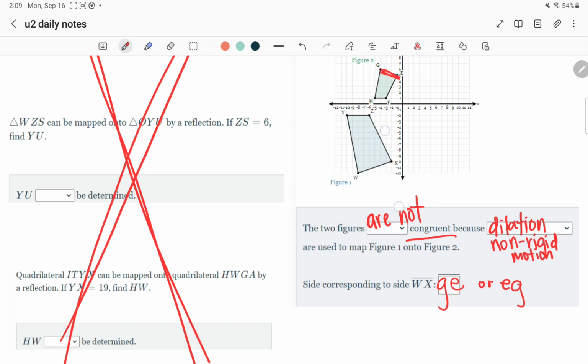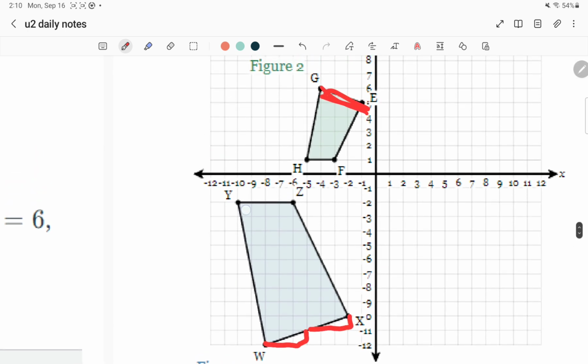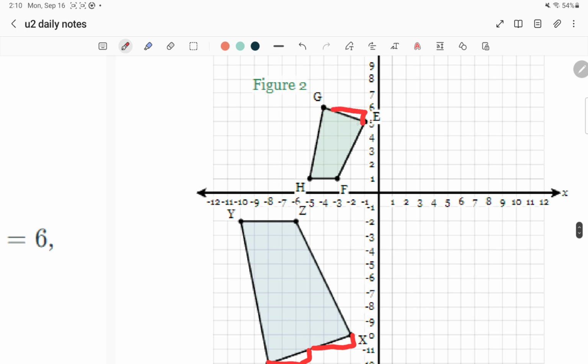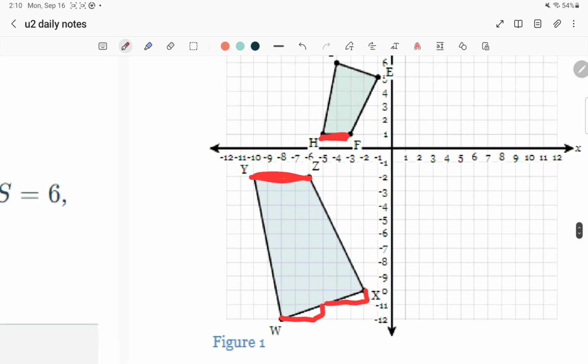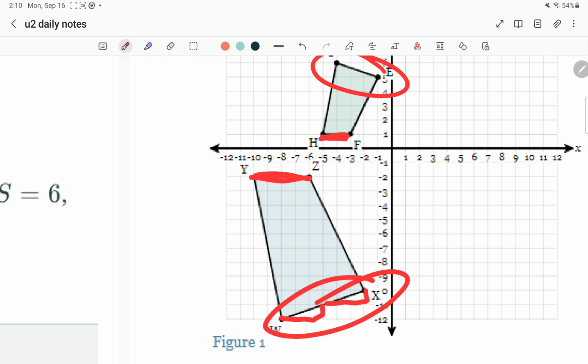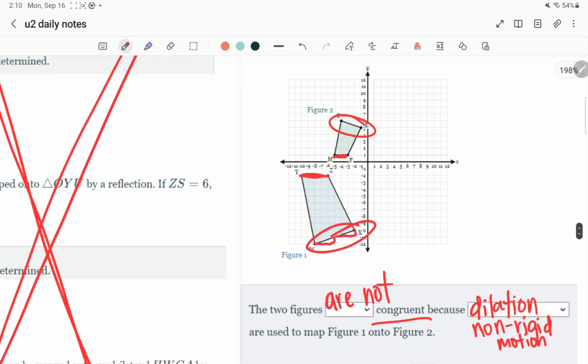So you'll notice if we wanted to count the slope, my slope is 1/3. My slope here is also 1/3. And I see that these two are flat, so they have to go together. Whereas G and E, W and X are both slanted, but not the longer sides. They're the two shorter sides. So, like I said, some people can just see it. Some people need a little bit of rationale.